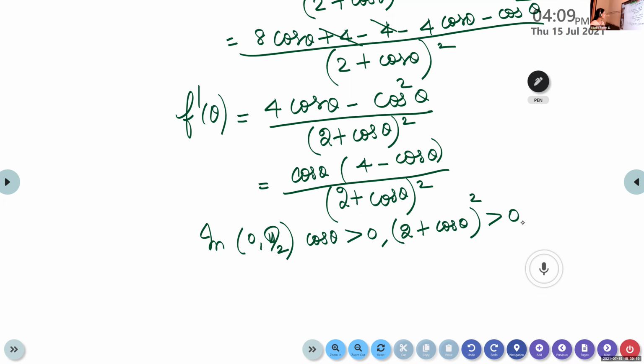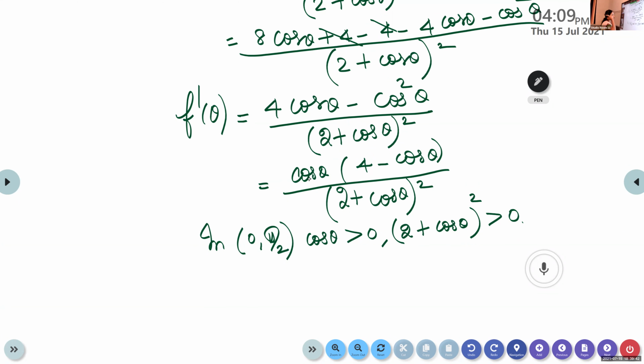So the sign of f dash of theta will be decided by which factor? Cos theta is positive because we are in the first quadrant.